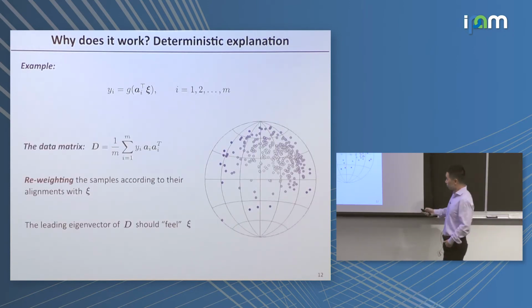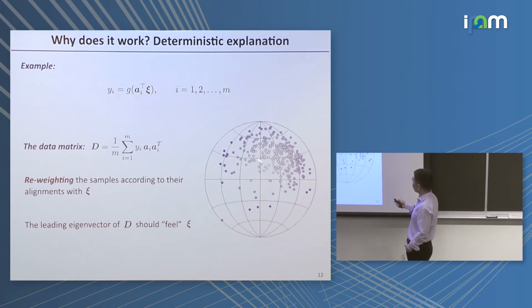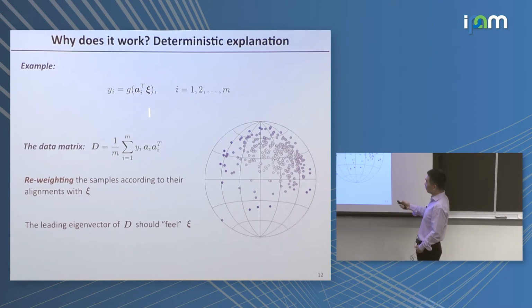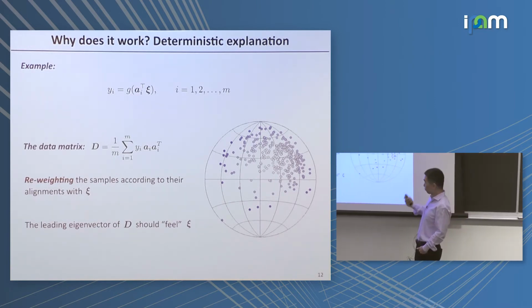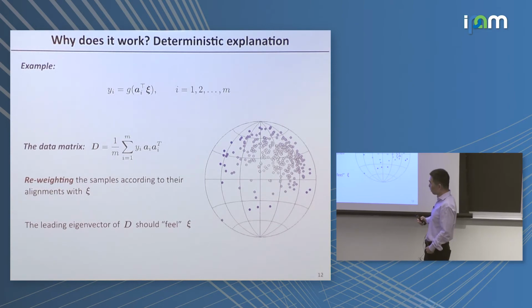Imagine that this is the initial distribution of these orientations, but when forming this matrix D, we are weighting different directions by yi, which captures the correlation between ai and ξ, the underlying true vector. So in a sense, we reweight these orientations according to the alignment with ξ. And then in some sense, the eigenvector of D should feel this planted direction, right? This is of course a fairly rough type of explanation, but it is more robust than a randomness assumption.